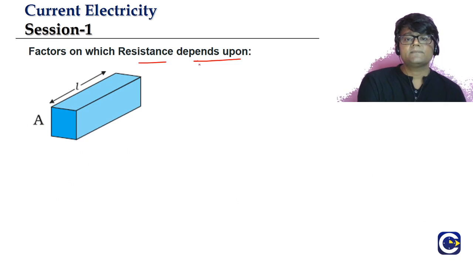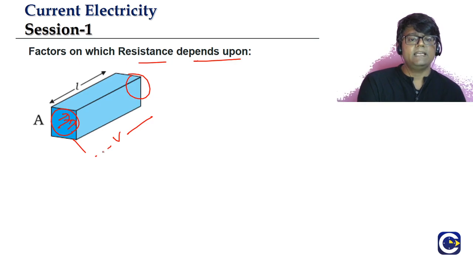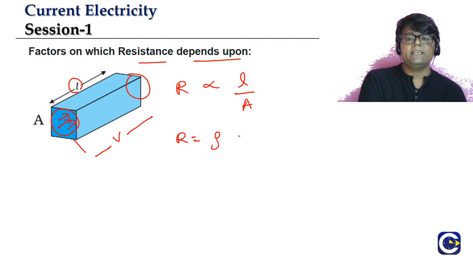Let's say we have a metal object here. This is the cross section area across which we are measuring the flow of current. Now we apply some potential difference V between these two ends. The length of that metal object is L and the area of cross section is A. What is observed is that resistance is proportional to L by A, and the proportionality constant is purely a property of the material.